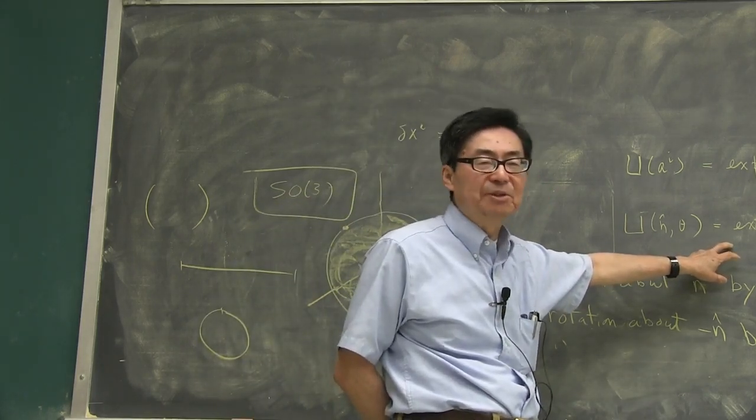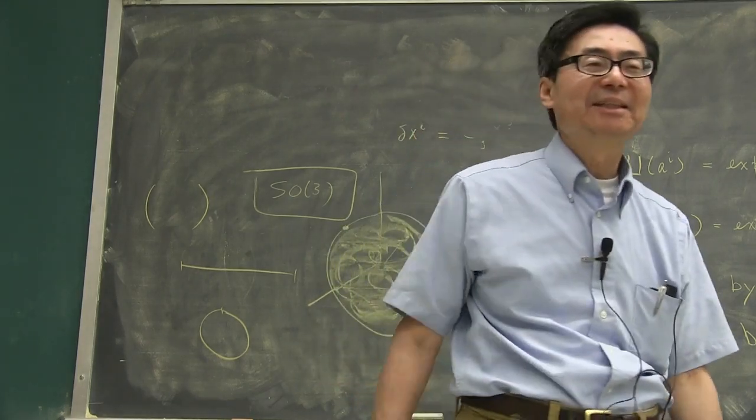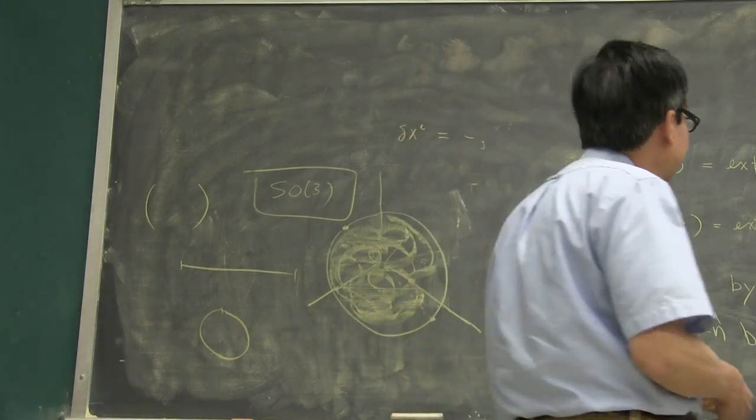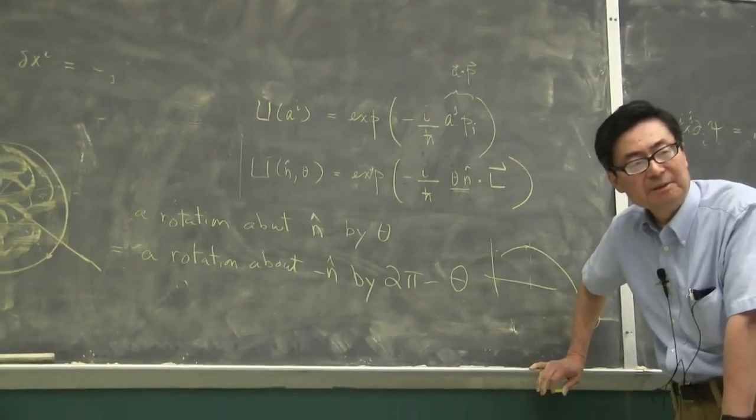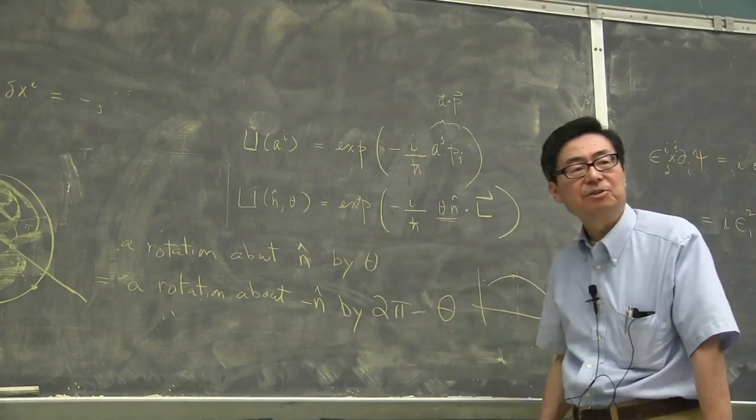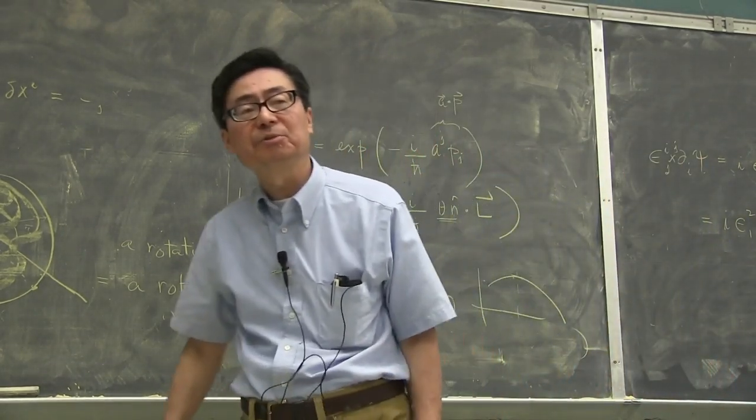This thing is not a 3 by 3 matrix. It may be, but it is not even real, because it has an i in it. And so these are called different representations of the group. This is a particular representation called a unitary representation of the group.